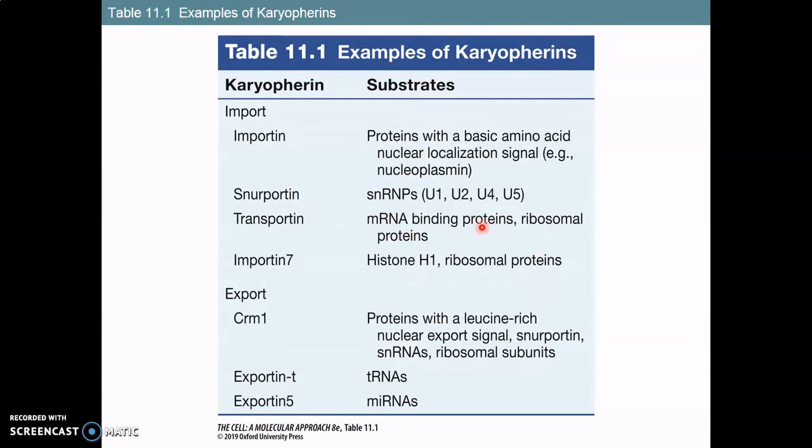Remember, there were proteins that bound that messenger RNA indicating maturation. Those are specifically transported in. Here is something that is specifically transporting in some histone proteins and also some ribosomal proteins. So you can see that there is a number of proteins in there, and similarly, there are a number of proteins that are involved in export.